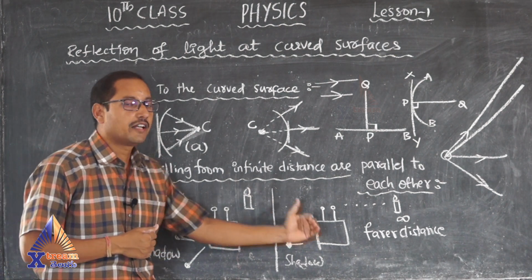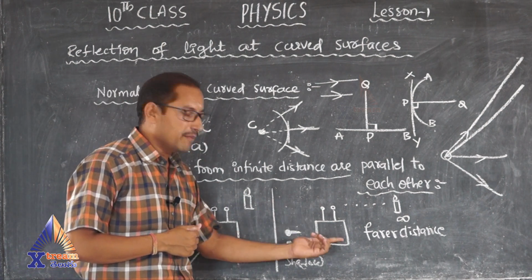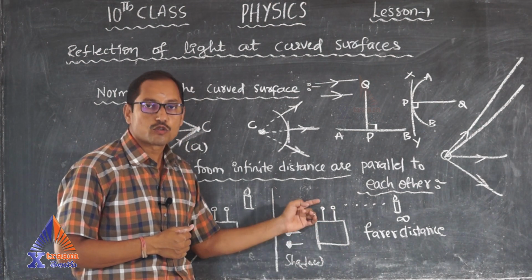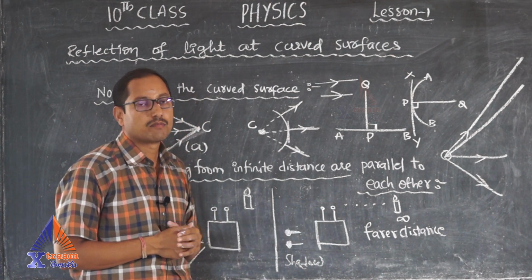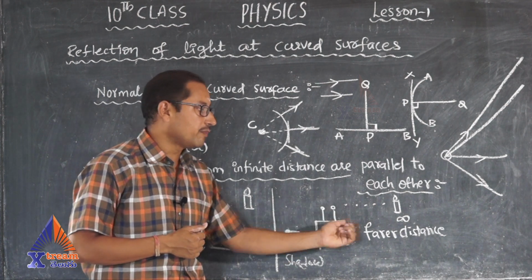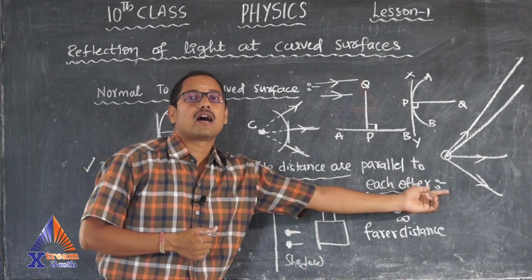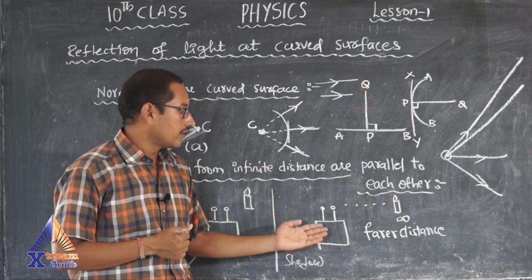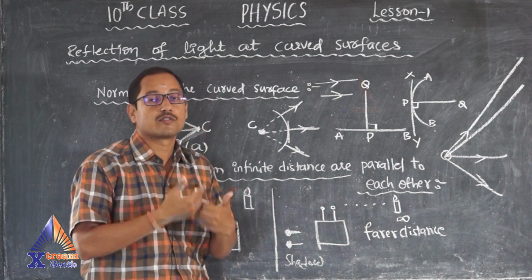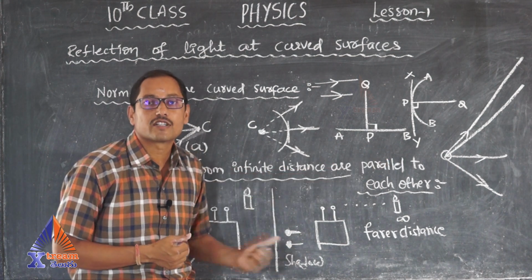Whereas, let me take case 2 here. The same experiment I am repeating. I have taken a wooden block here, inserted 2 nails parallel to each other. But in this case, I am keeping the candle really far away from this wooden block. I have written here as infinity, but it is not possible for us to maintain the source at infinite distance and observe the shadow.